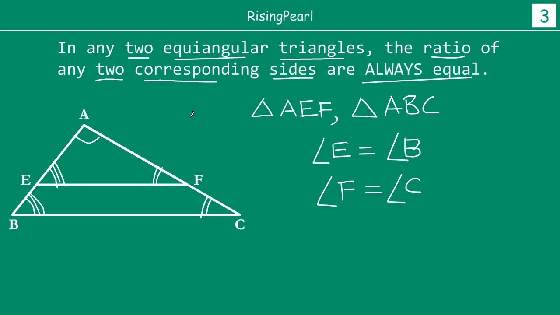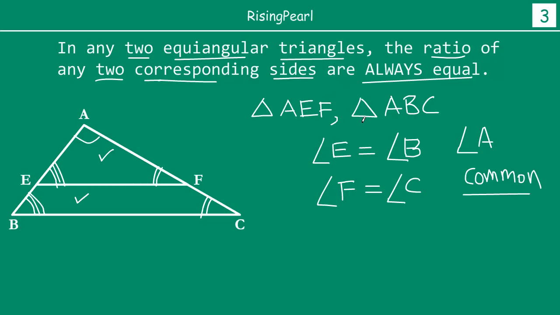This angle is common to both the triangles, right? So we can say that by construction, the small triangle and the big triangle are equiangular triangles.